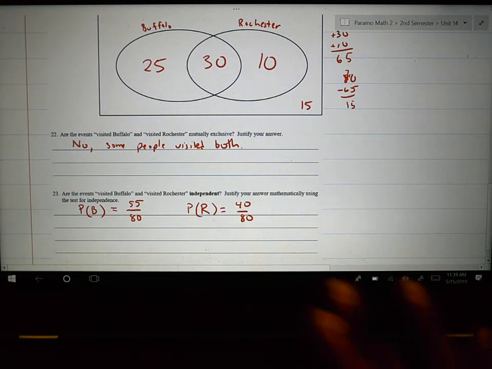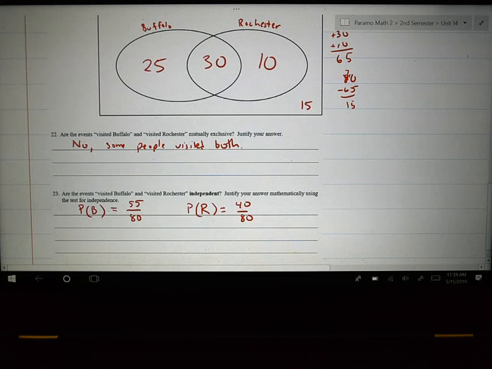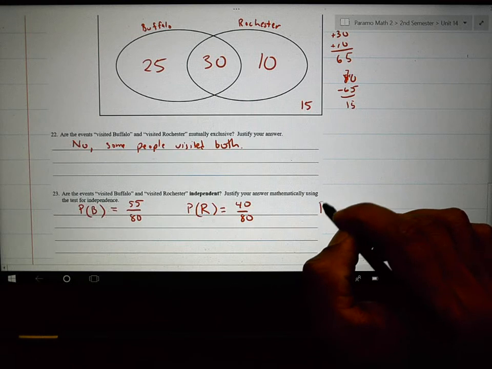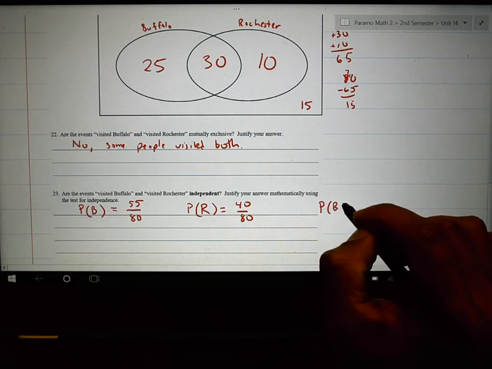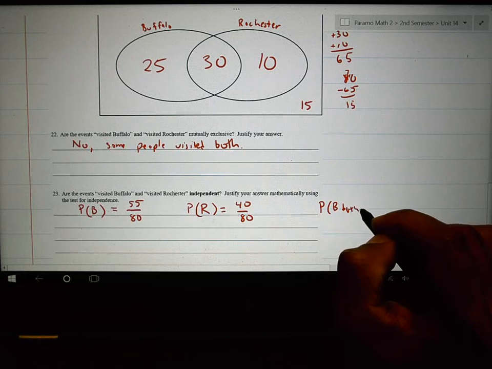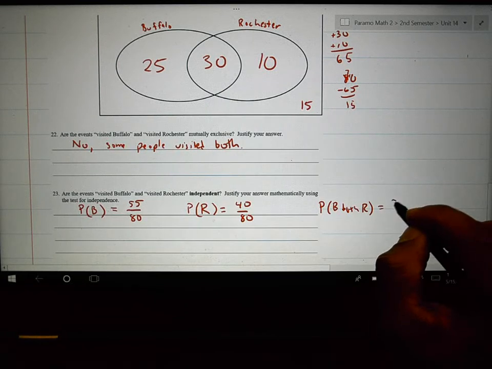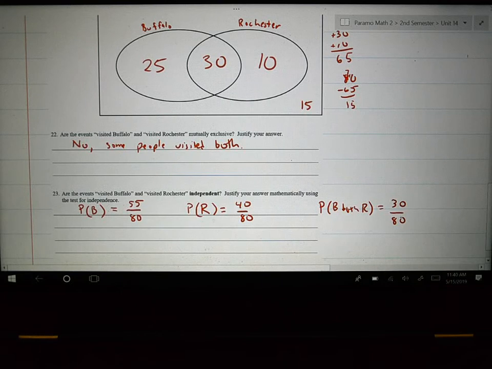And I haven't reduced these because I don't need to just yet. And then what's the probability of going to both Buffalo and Rochester? There were 30 people out of 80 who went to both.